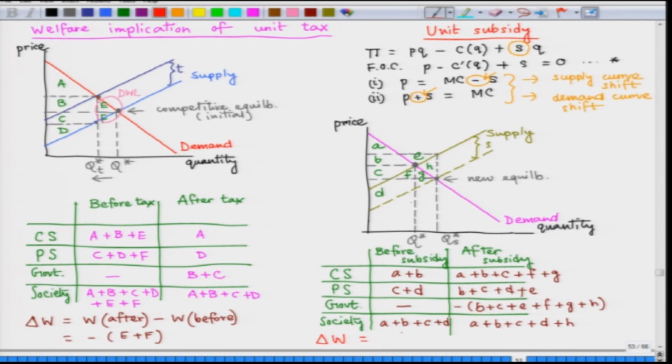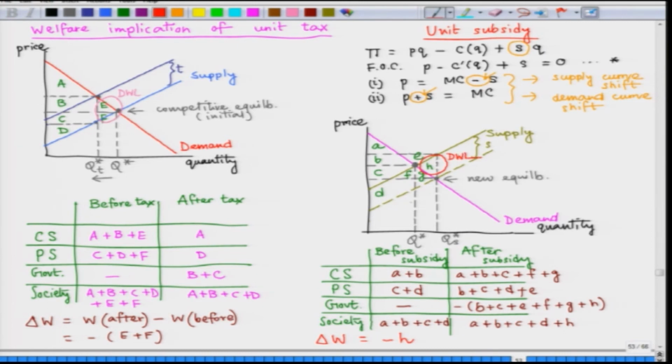So, if we take the difference of these two welfare levels, we are left with minus H. Okay. So, now we can go to our diagram and we can see that this is basically the area of dead weight loss, which is again a triangle.